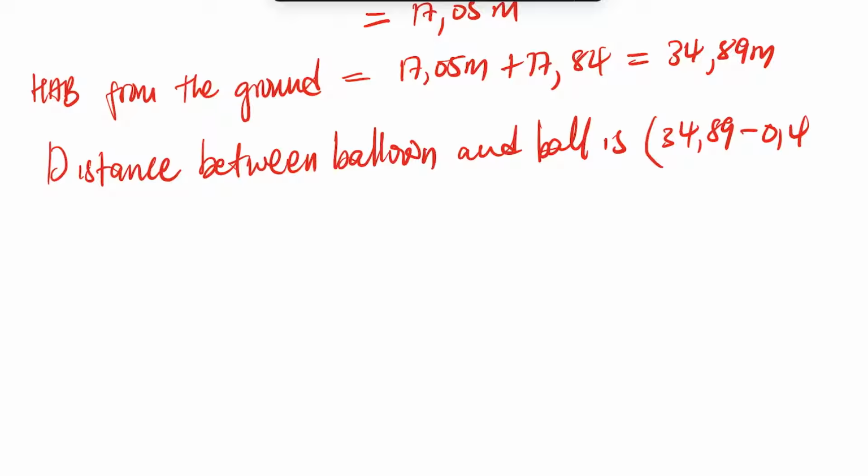What is the 0.45? It is the maximum height that it reached after the first bounce. So the answer here will be 34.45 meters if you punch that in the calculator.